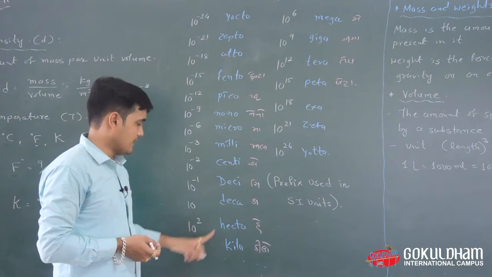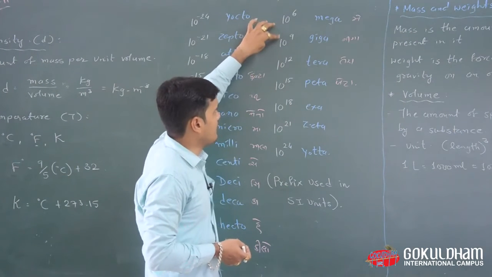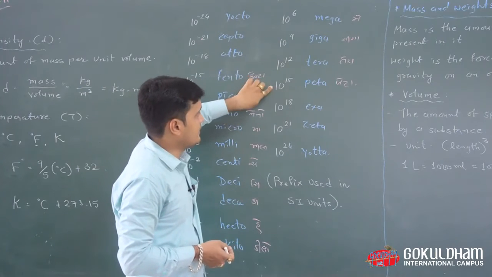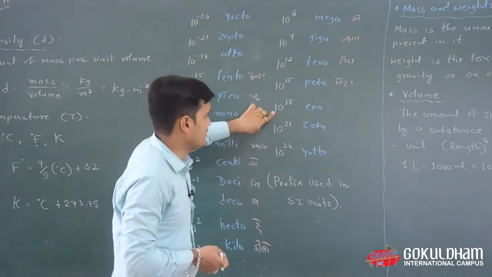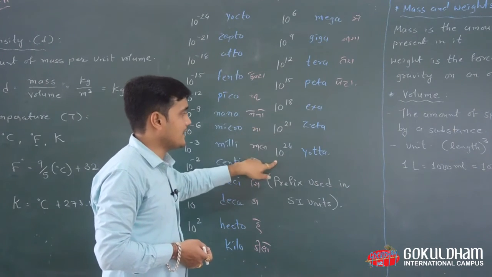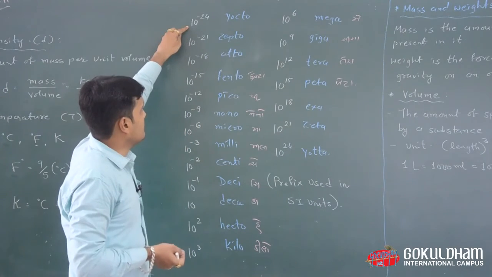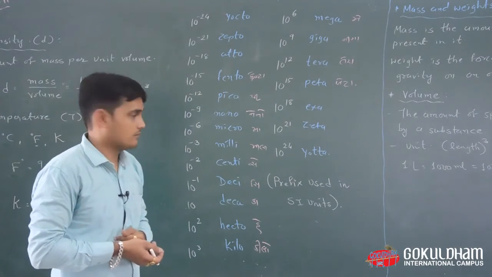10 raised to 2 Hecto, 10 raised to 3 Kilo, 10 raised to 6 Mega, 10 raised to 9 Giga, 10 raised to 12 Tera, 10 raised to 15 Peta, 10 raised to 18 Exa, 10 raised to 21 Zeta, and 10 raised to 24 Iota. Minus 24 to plus 24.